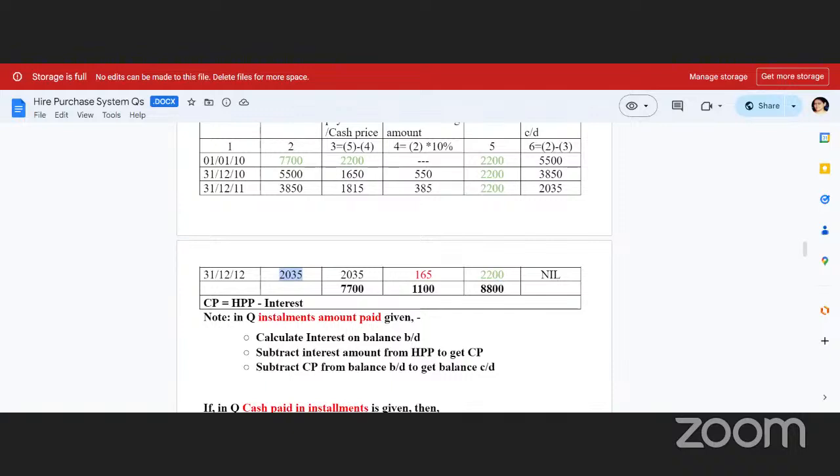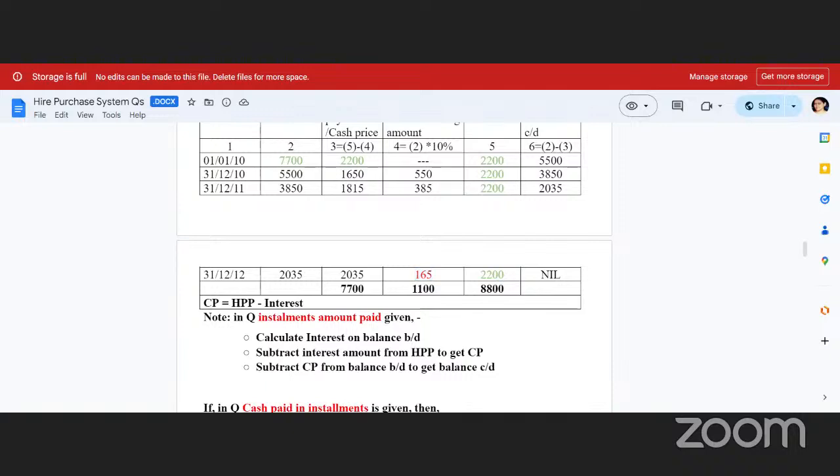Whatever the difference is, that is to be taken under interest. Remember, in the last year, do not do the interest calculation. Whatever balance is left, that itself you show under the cash price. The difference between this and the HPP, hire purchase price, is going to be the interest in the last year. Okay, so by then the balance is nil.